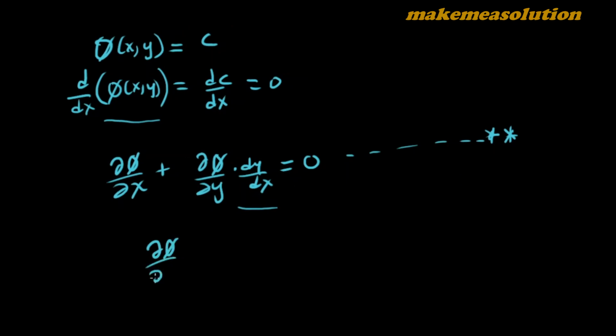If we want to find dy/dx, we'll take del phi del x to the other side of the equality, and we'll have negative del phi over del x.